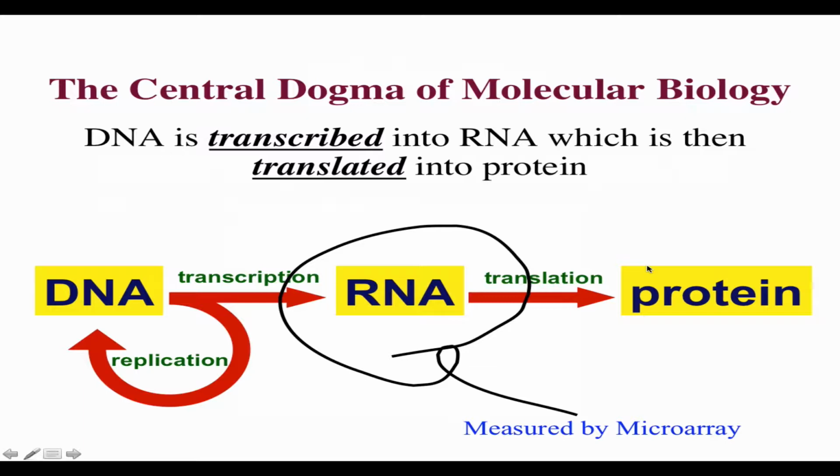Similarly, when you measure proteomics, you're getting a steady state snapshot of protein contents in the cell, and you're not actually measuring the number of proteins that are currently being translated, because again, there's translational modifications, post-translational modifications.